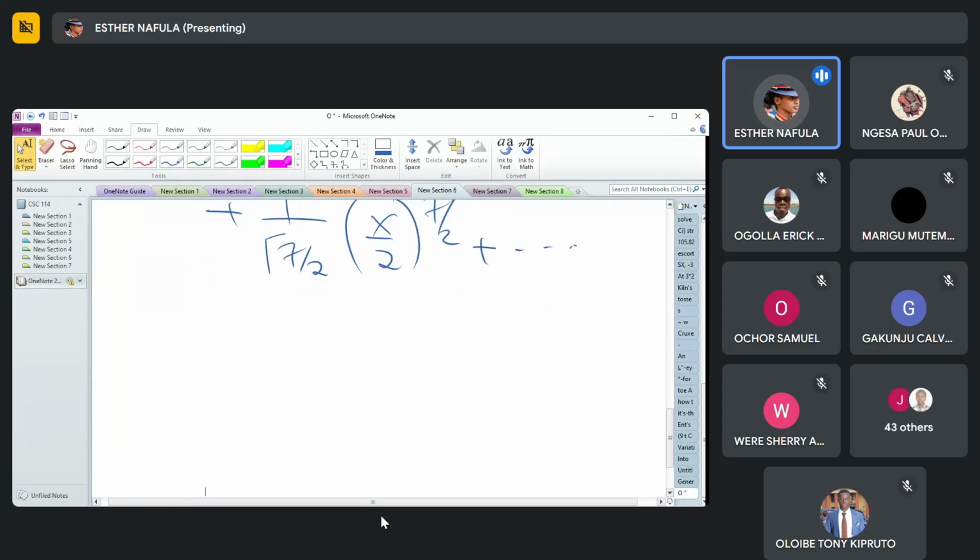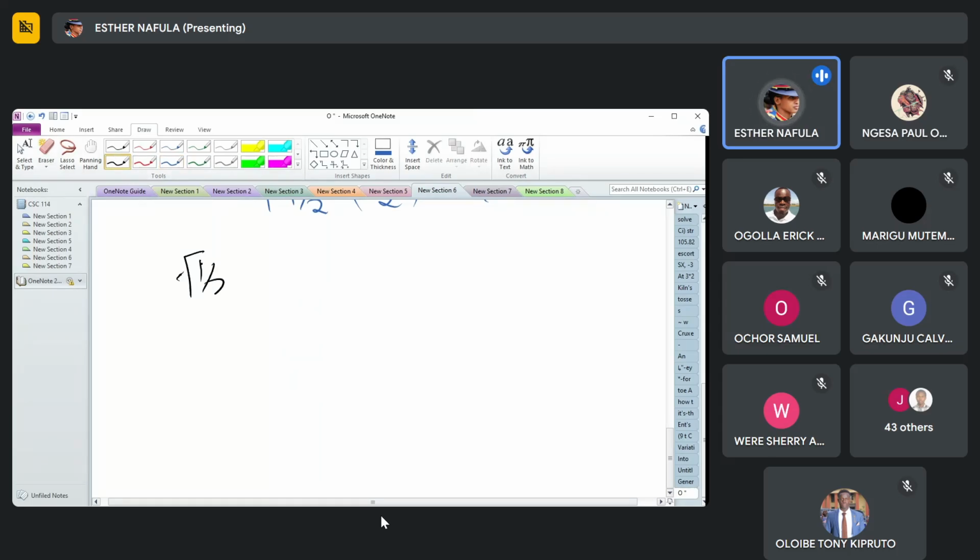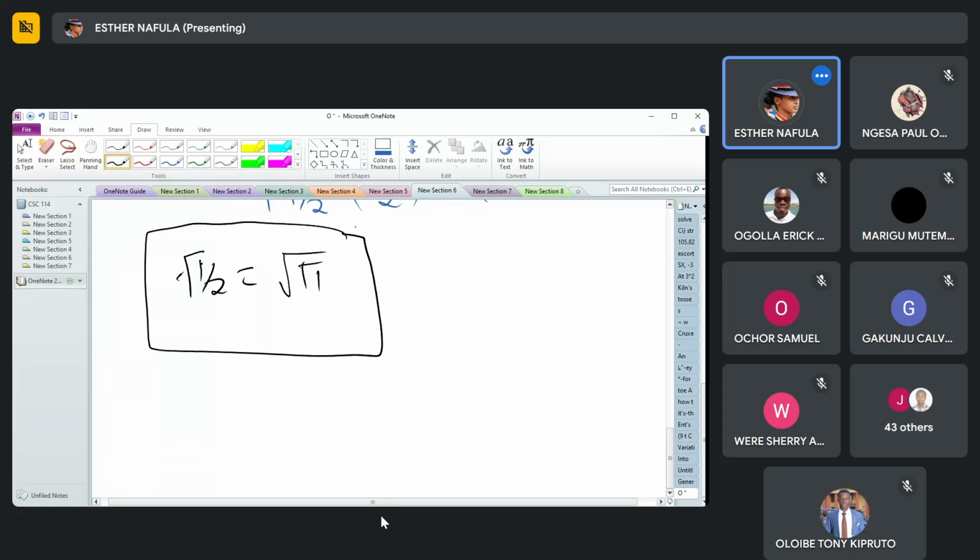When looking at the gamma function, I want to believe you came across this beautiful result: gamma of a half is equal to square root of pi. If you look at our series, we are having gamma of 3 over 2, gamma of 5 over 2, gamma of 7 over 2.